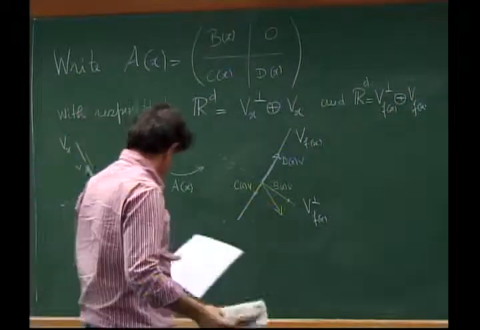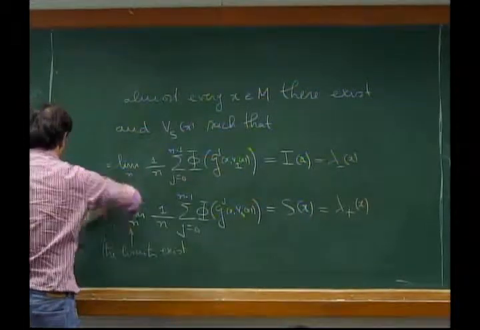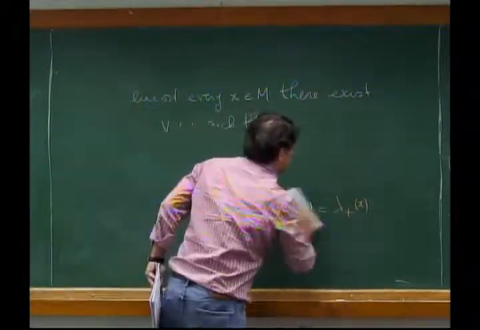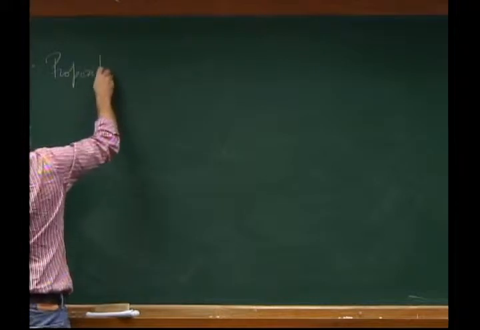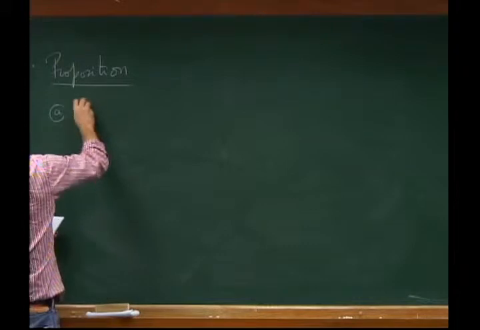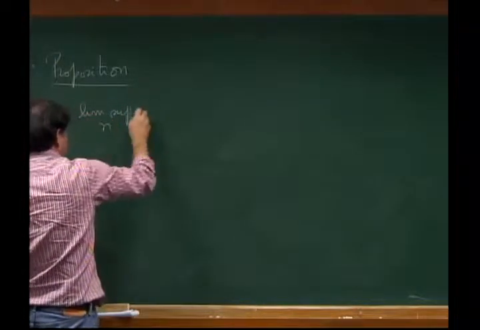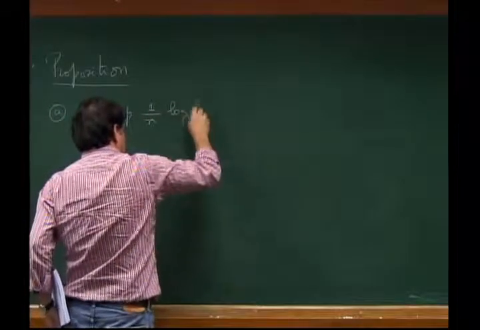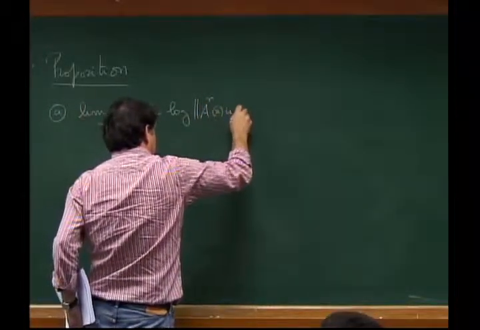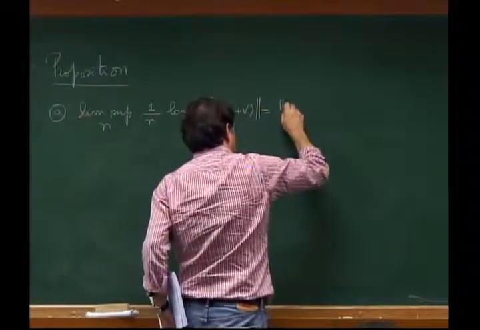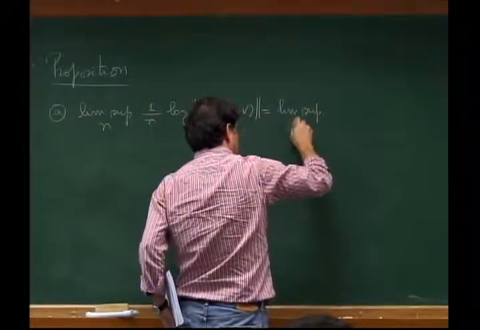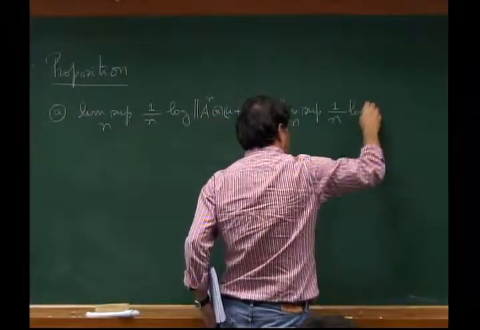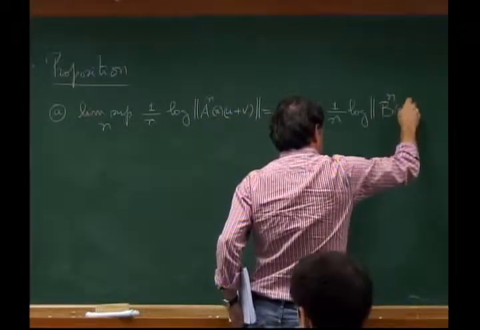And then the proposition says that the lim sup of 1 over n log of A n of x applied to u plus v is equal to the lim sup of 1 over n log of B n x applied to u.